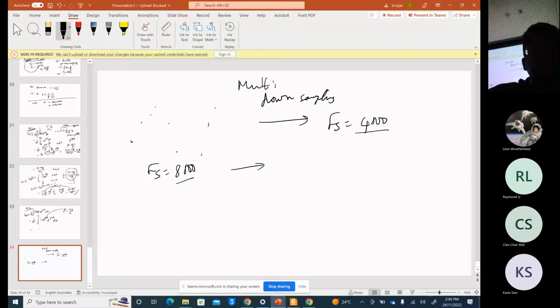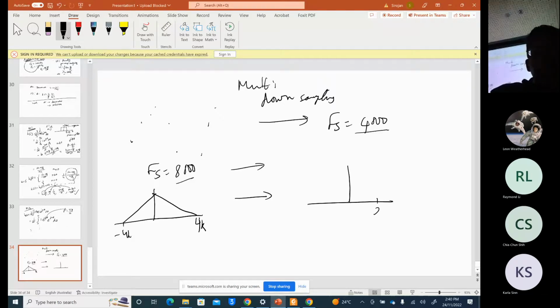For the downsample, if we have the magnitude response up to 4K like this, then after downsampling it, we can have only up to 2K. Then we will have the problem of aliasing.